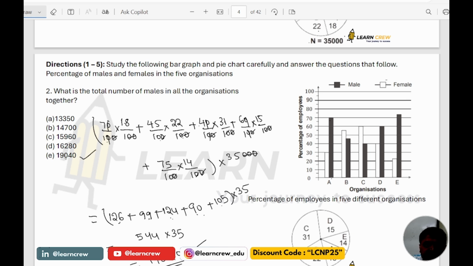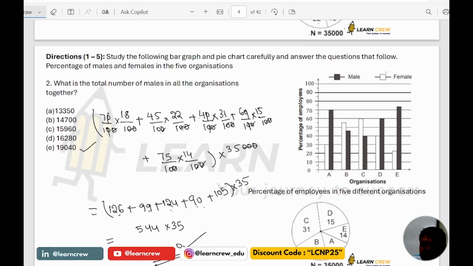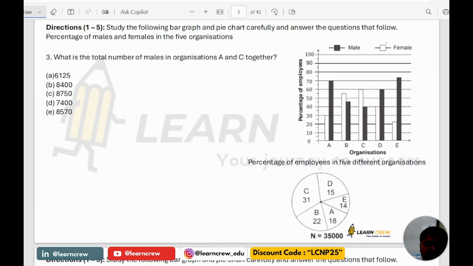Second question, answer is E. Next. Third question. What is the total number of males in organizations A and C together? A and C together, what is the total number of males? Already we have calculated A and C total number of males.